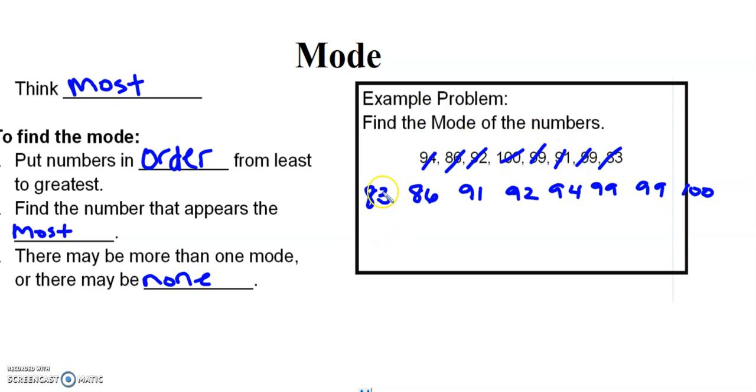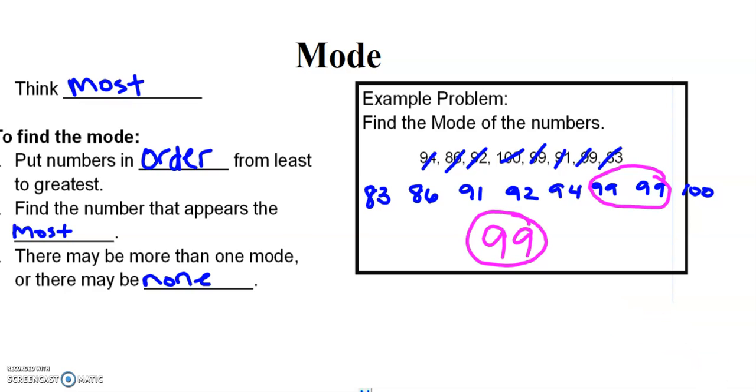And now looking at this, there's no multiples of 83 or 86 or any of these first few numbers, but notice there are two 99s. And so anytime you have more than one of something and it's the only set that's multiple, or it's the highest set of multiples, that's going to be your mode. So 99 is the mode for this problem.